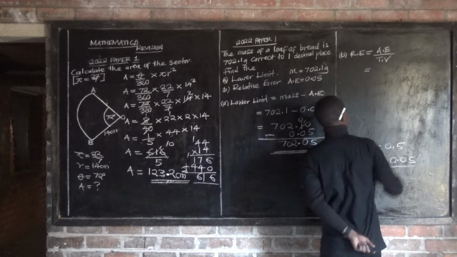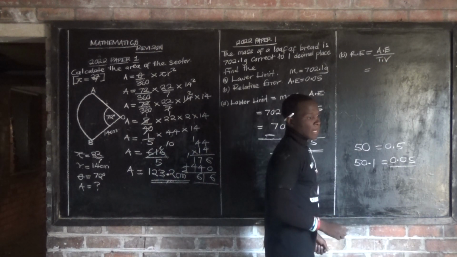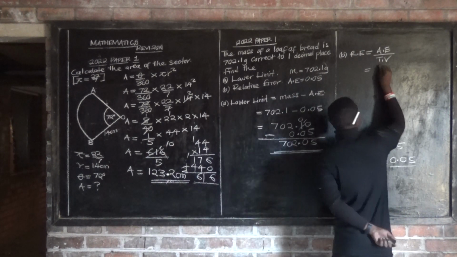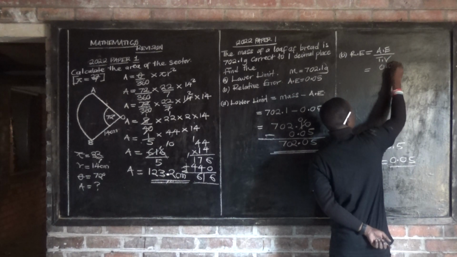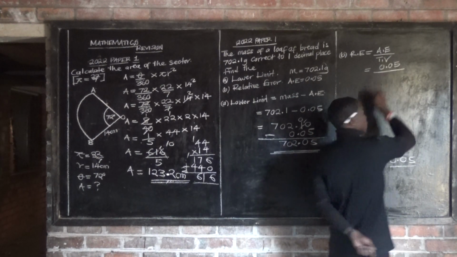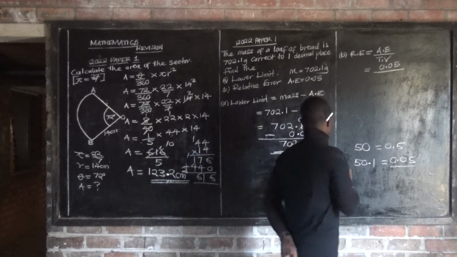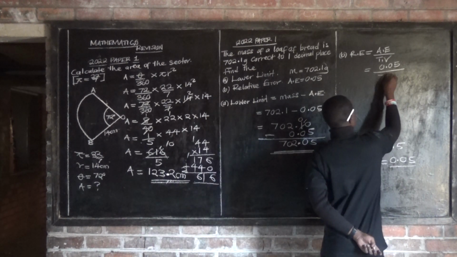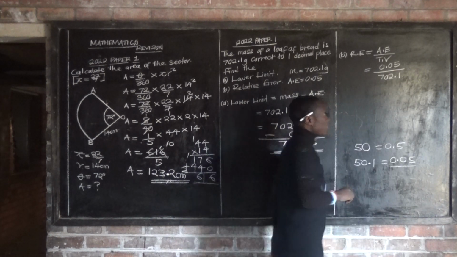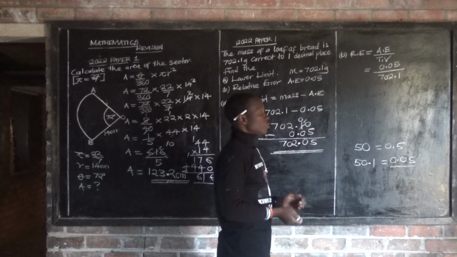So what is our absolute error? 0.05, divided by our true value, which is 702.1. Are we together?